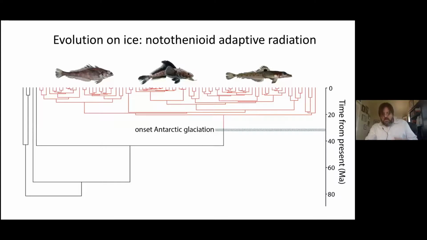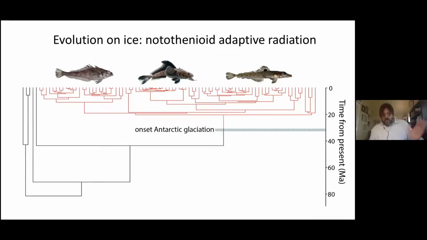Now, the story of the notothenioids is that about 50 to 60 million years ago, Antarctica started to drift away from South America, the Antarctic plate. Then there was a circling of current around Antarctica, which allowed for localization and a sort of insulation of the temperature drop of the water in the sea. So you have high latitude and low latitude fishes.